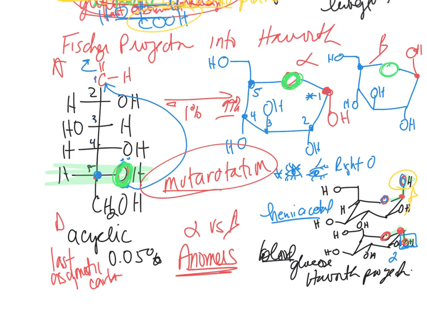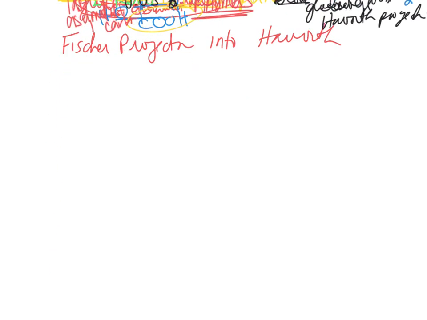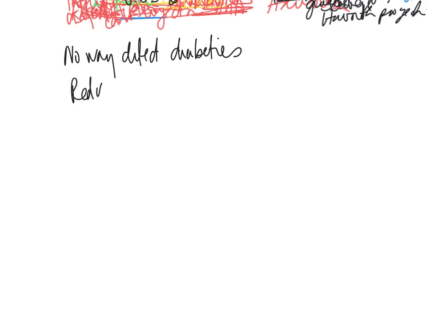Reduction of simple sugars. Reducing sugars are important. This means aldose and ketose monomers can be reduced. So if you react this with sodium borohydride, if you have an aldose or a ketose, it can reduce. And those are called reducing sugars. Now, why is that important? Well, the reason why that's important is before there was no way to detect diabetes. Okay? And then they were able to detect reducing sugars in the urine.